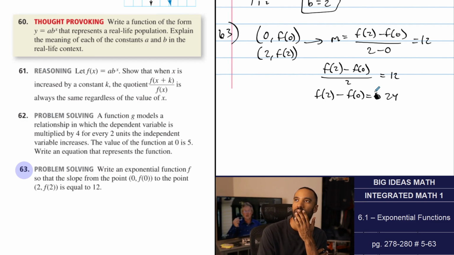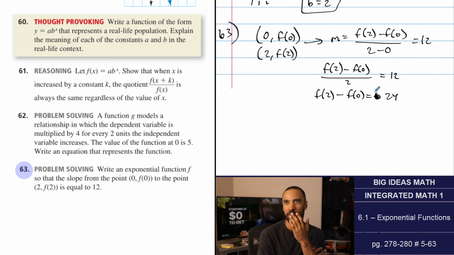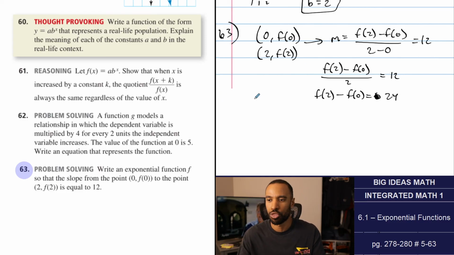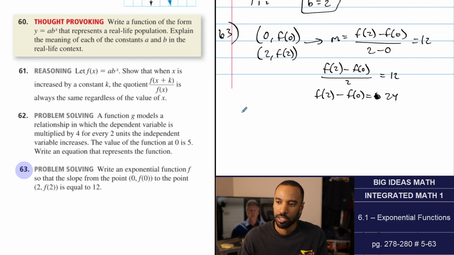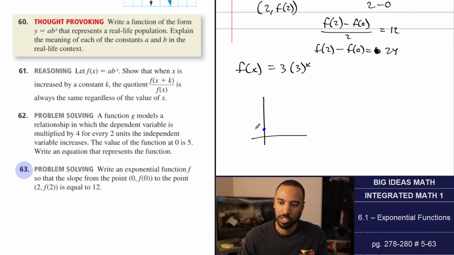What would work? If I had 4 as my y-intercept, 24 away from that would be 28. I don't want to multiply that. If I did 3 as my y-intercept, 24 more would be 27. Let's do that. I believe the equation could be f of x equals 3 times 3 to the x power. This was kind of guess and check, but I have a y-intercept of 3.